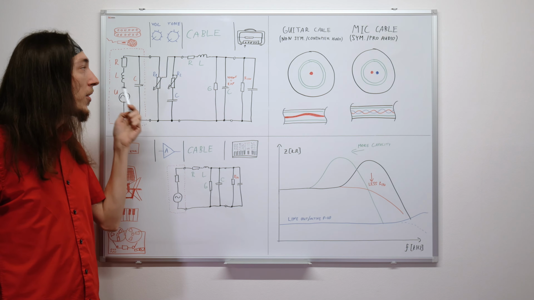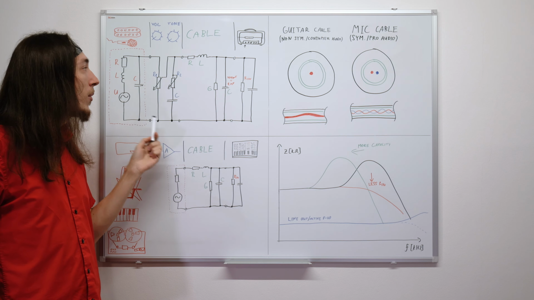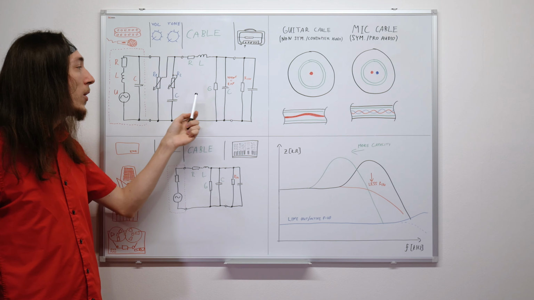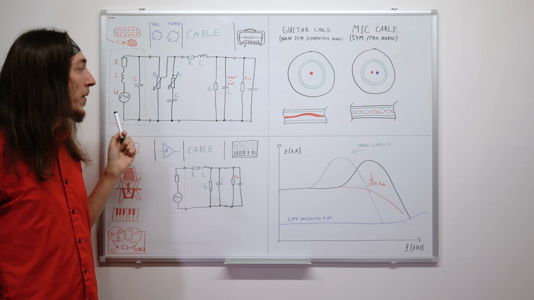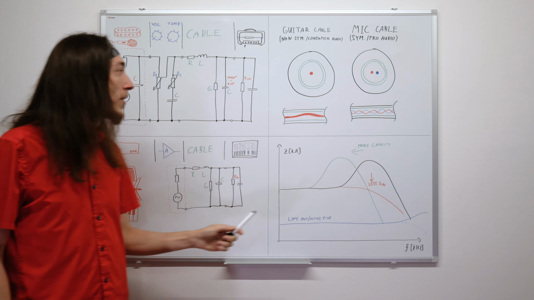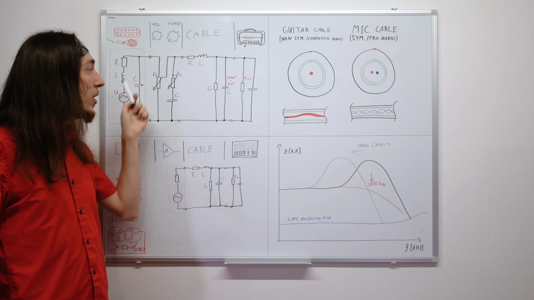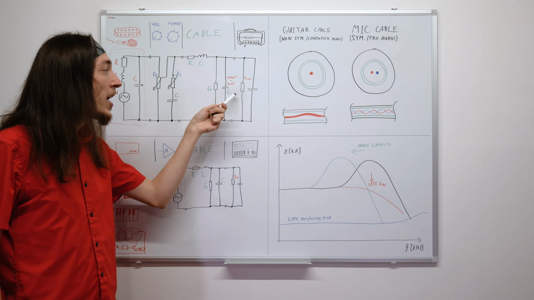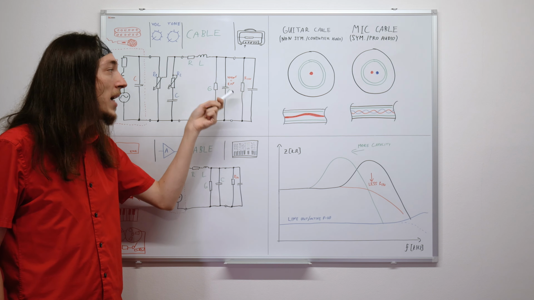And another thing which happens is that while there are some reactive currents flowing between the capacitive element and the inductive element, which creates this resonance, the energy which basically bounces between these elements is changed to heat in this resistor, so it's basically damped.